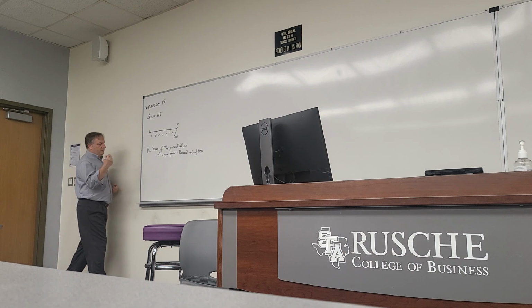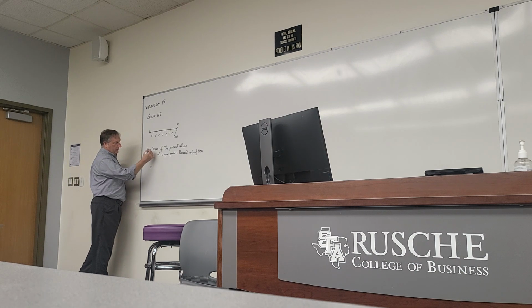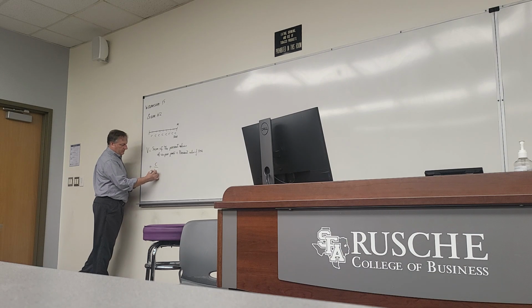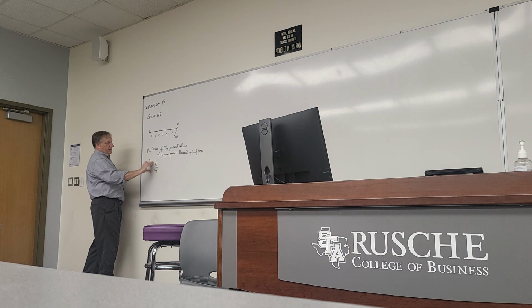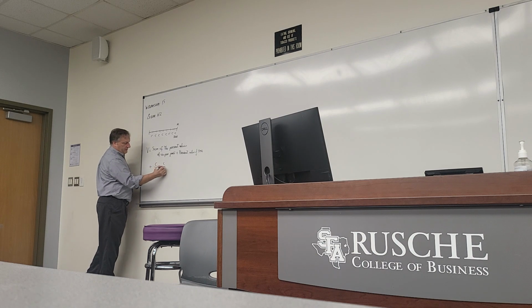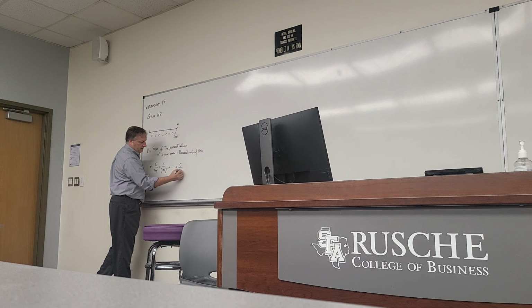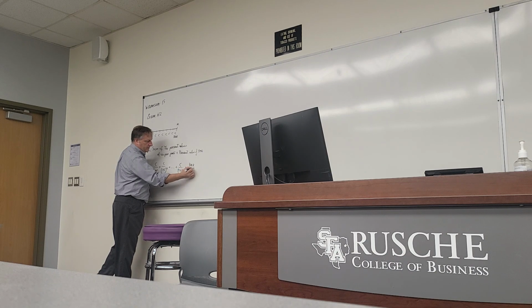So in mathematical terms, this boils down to the sum of the present value of the coupons, take some discount rate. This is the present value of the first coupon, present value of the second coupon, and then at the end, you get that, and then you have to add par.